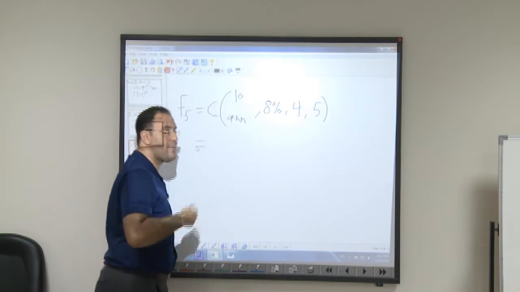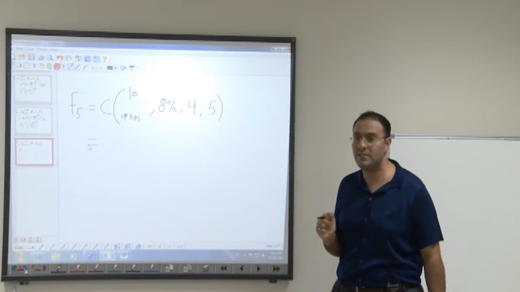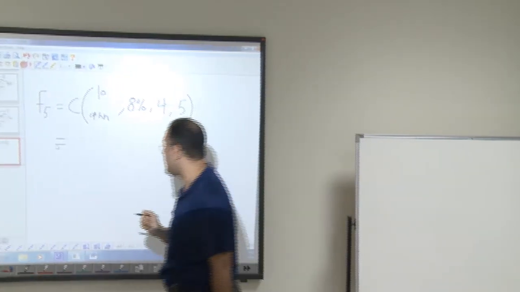This is an annuity compounding. So how are we going to be solving it?